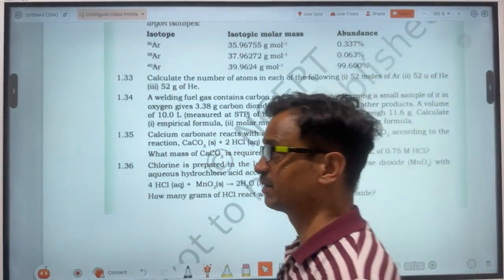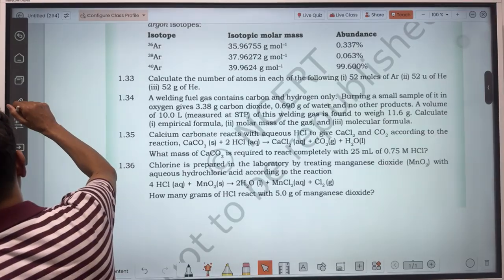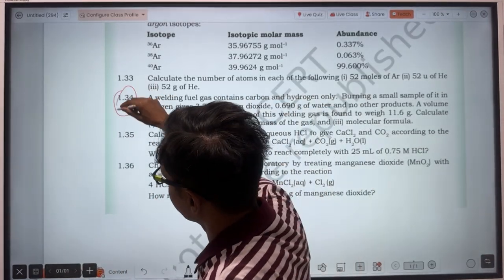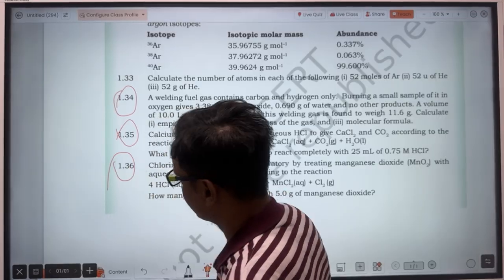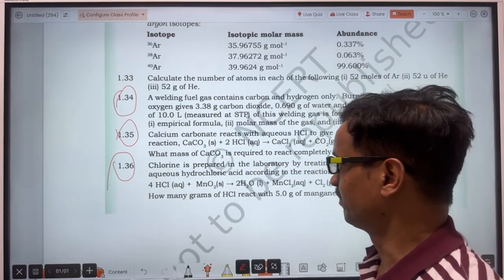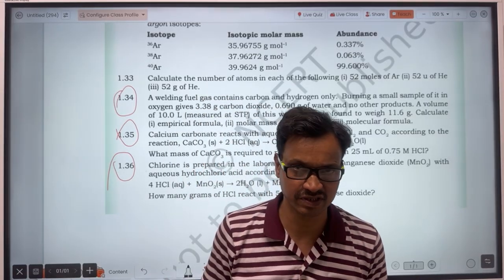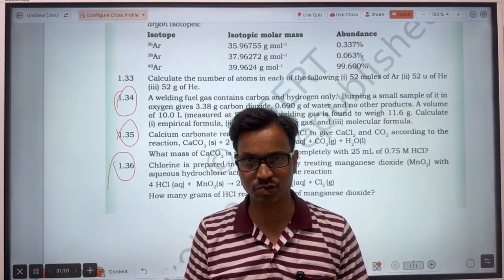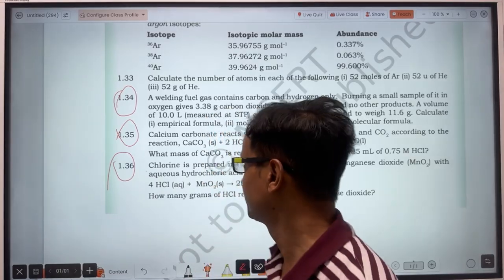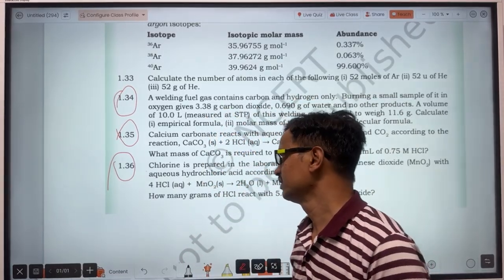Keep in mind, these three questions are too much important for those preparing for the IIT main examination as well as for the NEET examination. In the next class, we will discuss these questions.